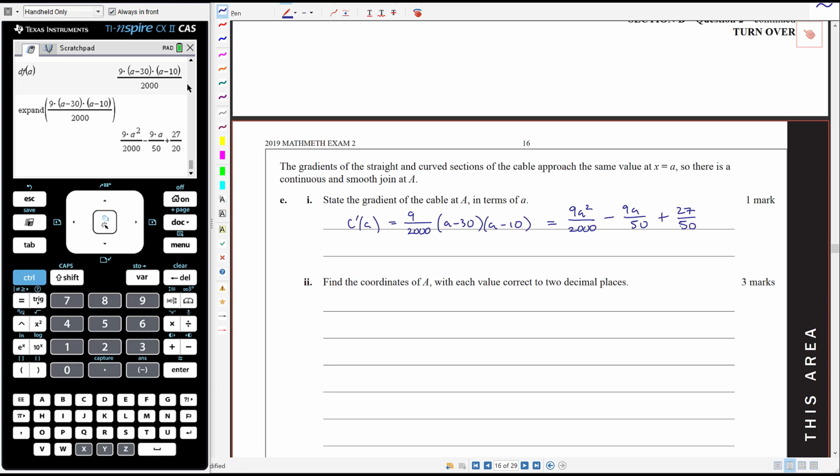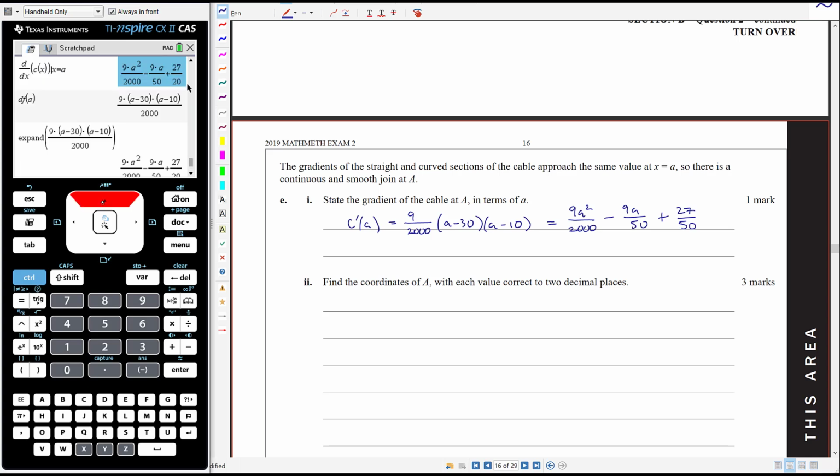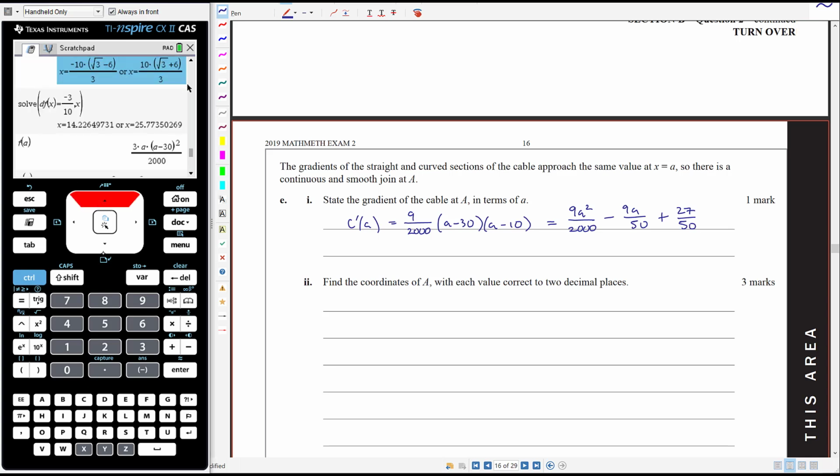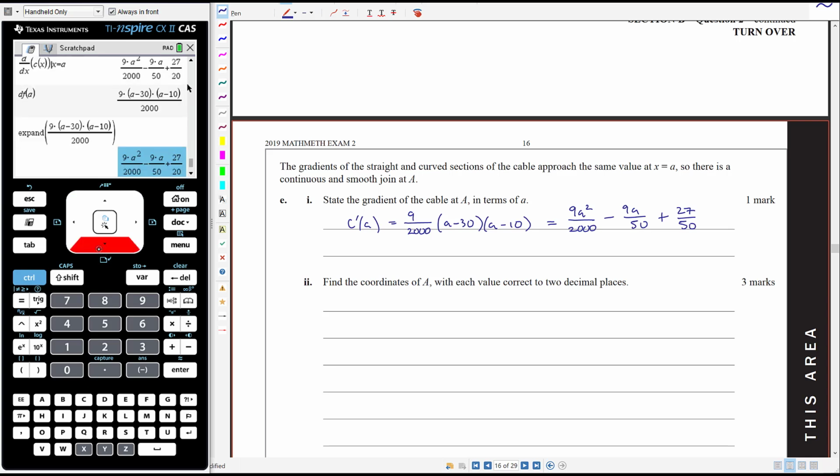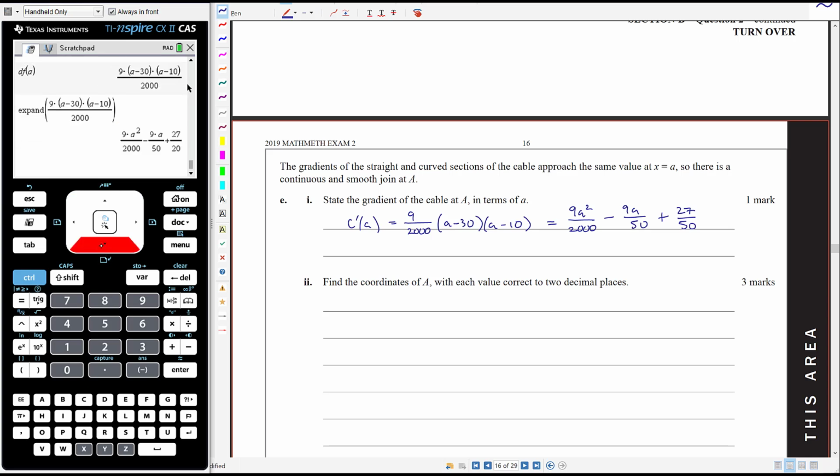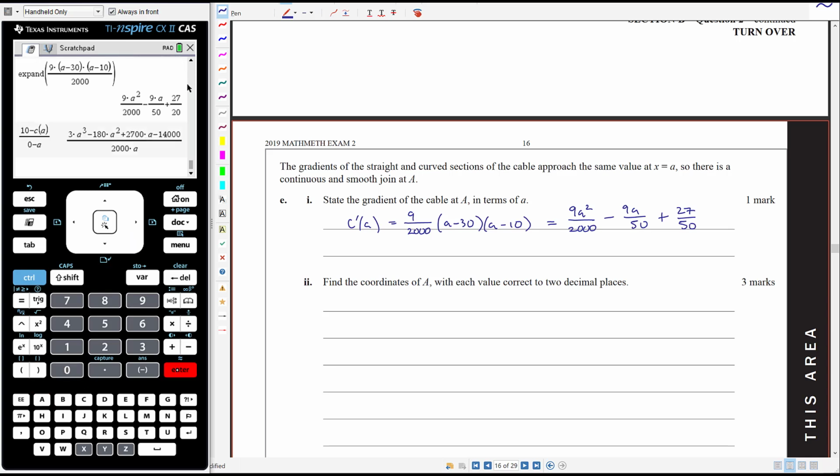Or you could have the expression that you get from doing the rise over run, 10 minus C at A over 0 minus A, which would give you that. Any of those answers would be correct. They're all the gradient of the cable at A in terms of A.